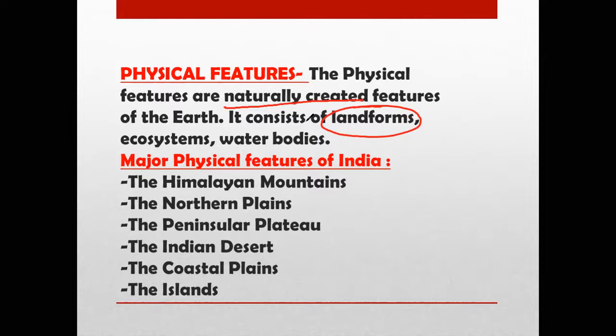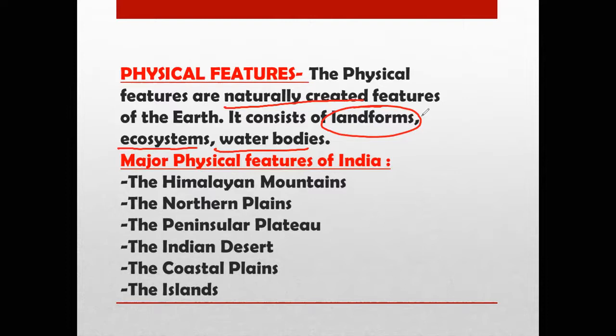For example, it can be a mountain, a plain, or a plateau. It further consists of ecosystems and water bodies. So physical features are the features that are naturally created on the earth. It consists of landforms, ecosystems and water bodies.